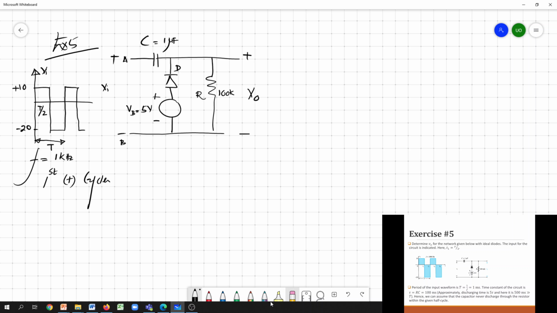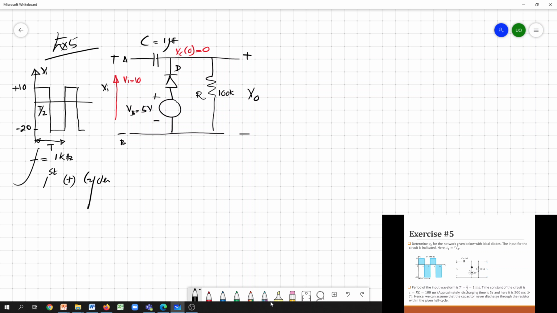If I simply consider the first positive cycle, your input is something like that. The voltage is 10 volt. Initially the voltage across the capacitor is 0 because it's not a charged capacitor, and we have the rest of the elements in the circuit.